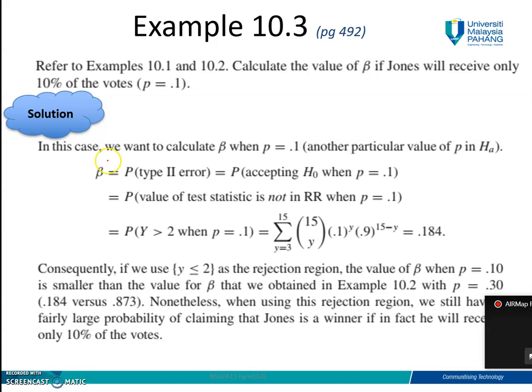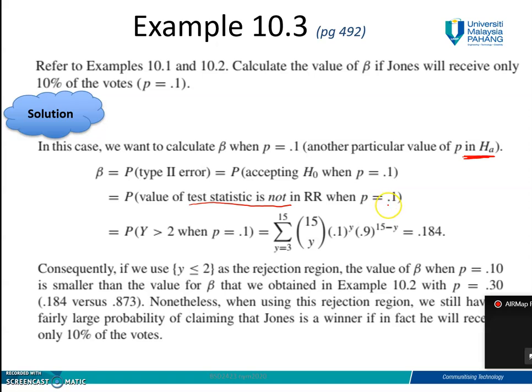Now in this case, we want to calculate beta when P equals 0.1, which is another particular value under the alternative hypothesis. You know that beta is the type 2 error, which is accepting H null when P equals 0.1, which means the alternative is true. So again, the test statistic is not in the rejection region.